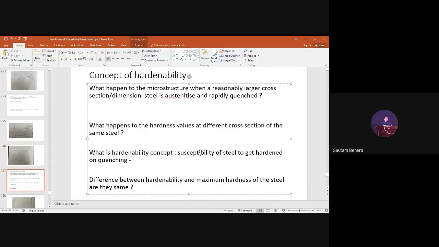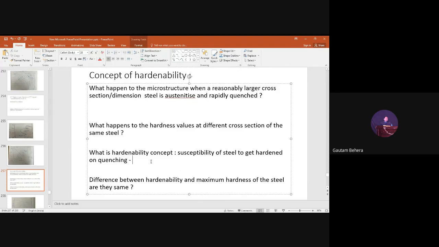The steel will become hardened, right? It will become stronger and harder, right? Upon quenching. That means how easily the steel is becoming harder upon quenching. That is called hardenability.